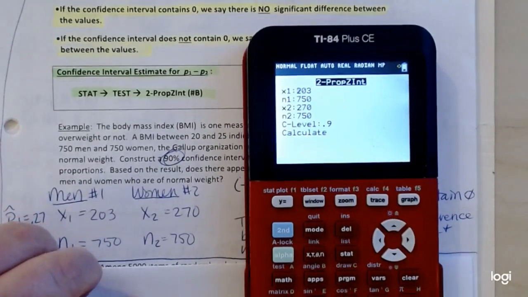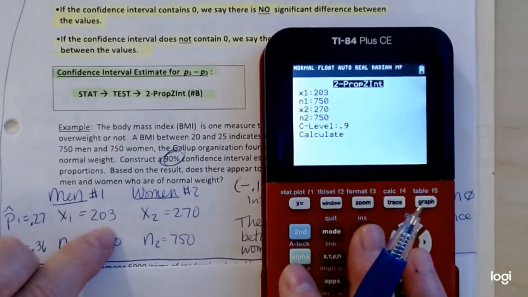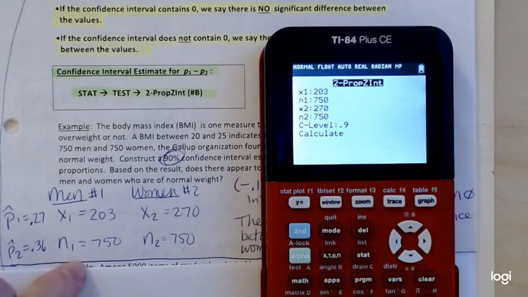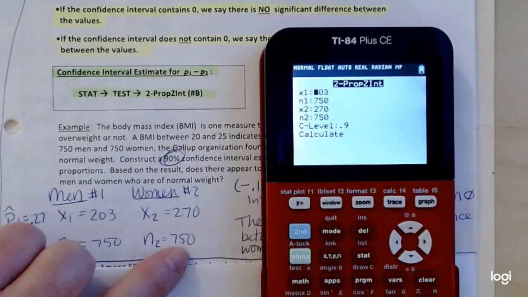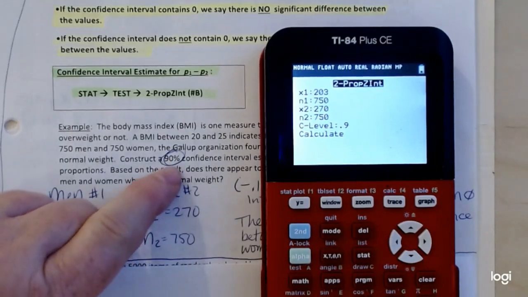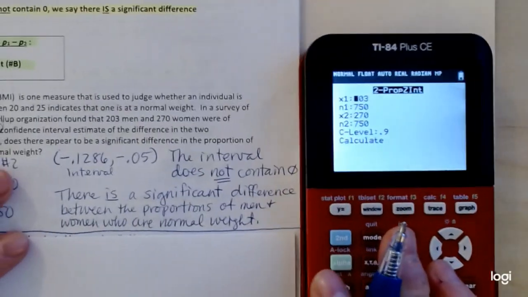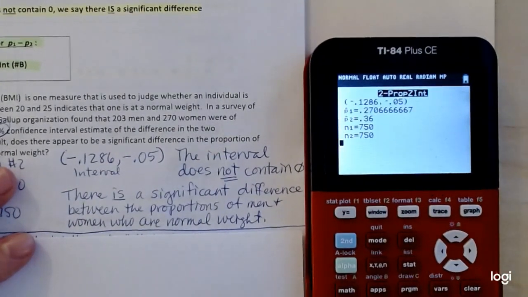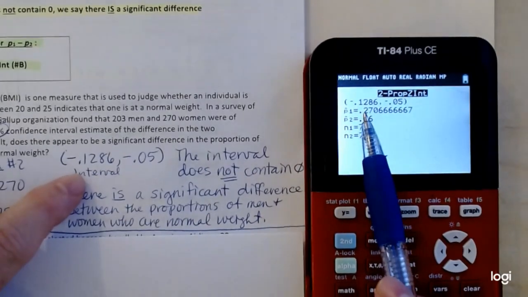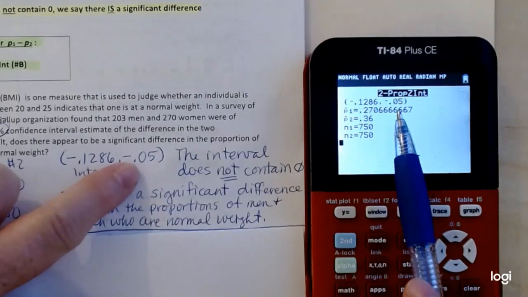And so we choose that, and we have the values in there, the 203 for X1, and N1 is 750, 270 for X2, 750 is N2, and the confidence level is 0.9 for the 90% specified in the problem. So when we calculate this, we get negative 0.1286 as our lower limit, and our upper limit is negative 0.05.